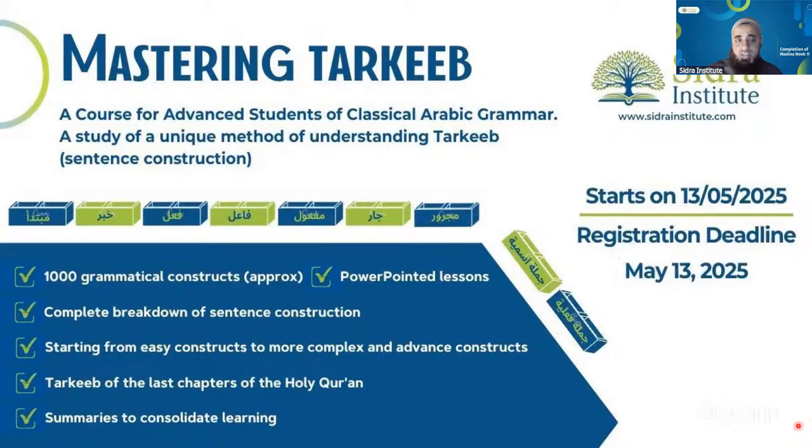For instance, you have a jar majroor, and what do you connect the jar majroor to? Sometimes you don't even connect it. Sometimes you connect it. Sometimes it's presented as a khabar. Sometimes the prepositional phrase is presented as a nat.